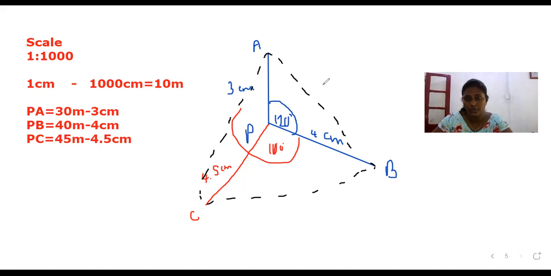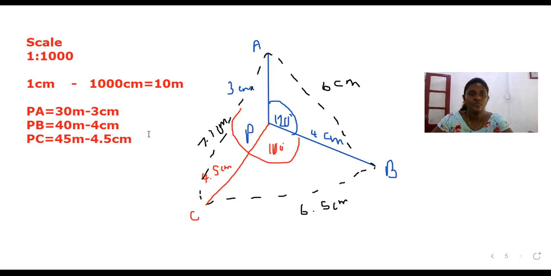Nearly, you check whether you are getting these lengths. The length of AB might be nearly 6 centimeters. Sometimes you may get either 5.9 or 6.1, one decimal point up or down, the error doesn't matter. And you may get the distance BC like 6.5 centimeters. And the AC distance you may get nearly 7.1, either 7 or 7.2 even, it doesn't matter.